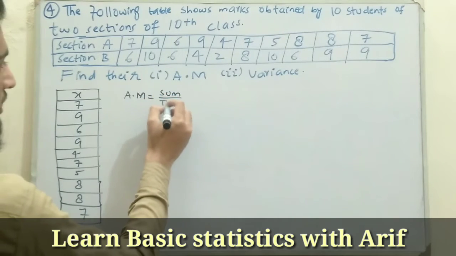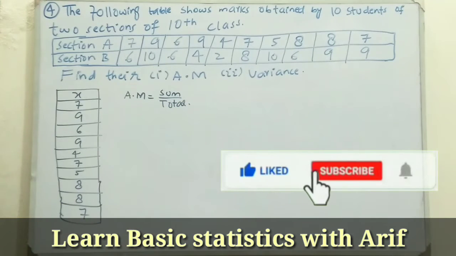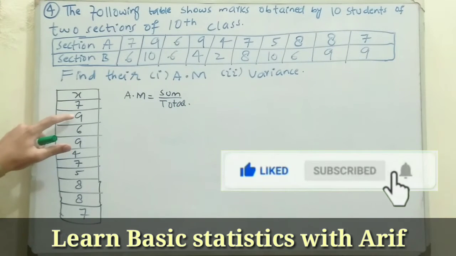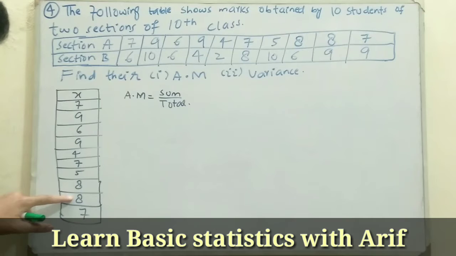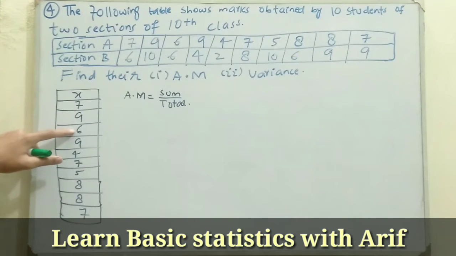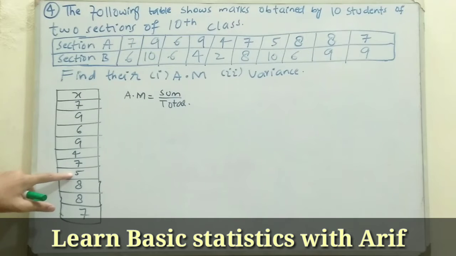So here the sum will be: 7 plus 9 gives us 16, 16 plus 6 gives us 22, 22 plus 9 gives us 31, 31 plus 4 is 35, 35 plus 7 gives us 42, plus 5 is 47, plus 8 gives us 55, plus 8 gives us 63, and 63 plus 7 gives us 70. So summation of x is equal to 70.